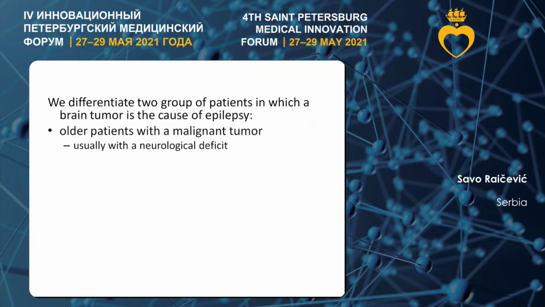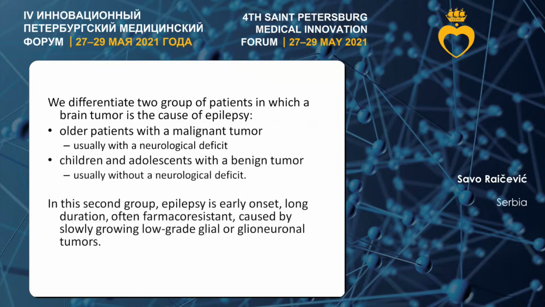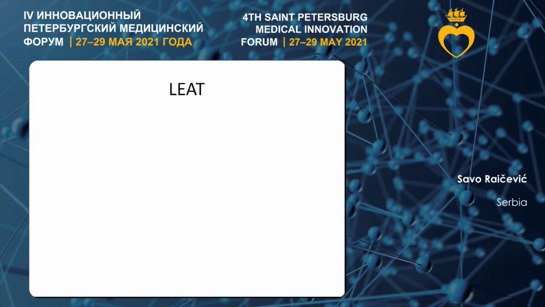Older patients with a malignant tumor that usually have a neurological deficit, and children and adolescents, younger patients with a benign tumor that usually don't have a neurological deficit. In the second group, epilepsy is early onset, long duration, often pharmacoresistant, and caused by slowly growing low-grade glial or glioneuronal tumors.